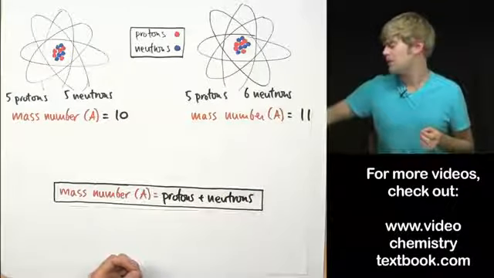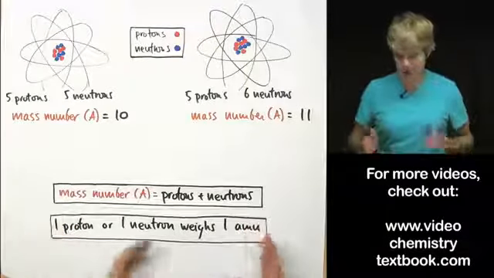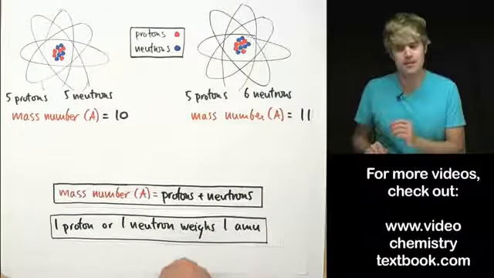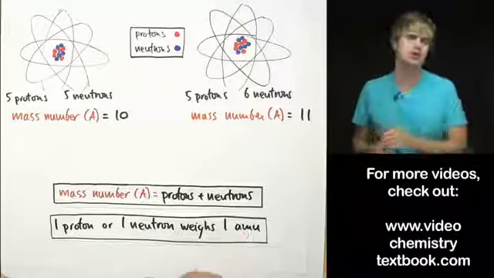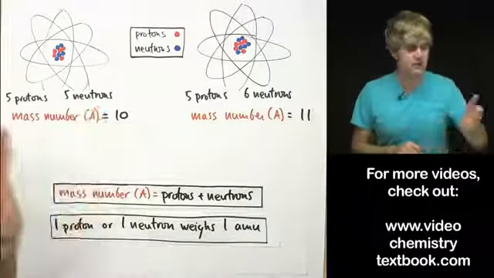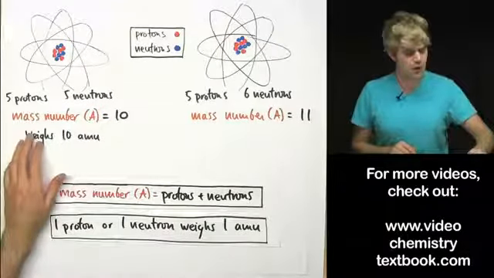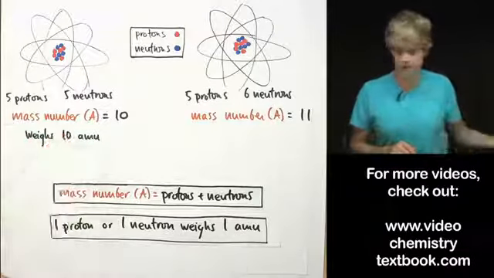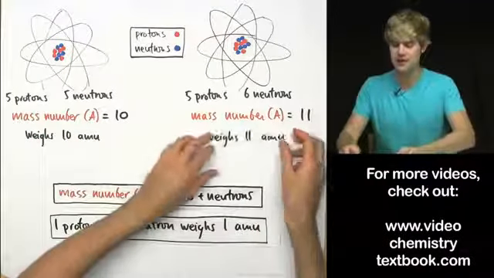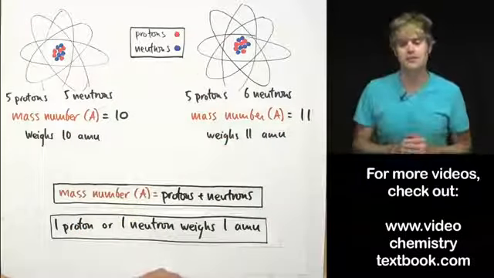You might remember, we've said before that 1 proton or 1 neutron weighs about 1 AMU, 1 atomic mass unit. So, if you have a mass number of 10, 5 protons and 5 neutrons, your atom is going to weigh about 10 AMU. If you have a mass number of 11, that tells you the atom weighs about 11 AMU.